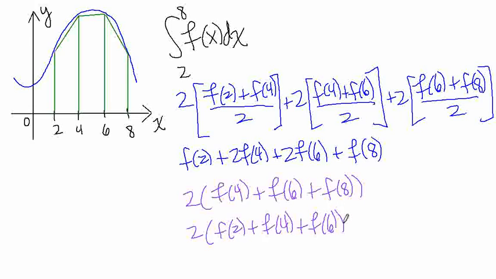Okay? Now, what would happen if we added the 2 purple expressions together and divided by 2? So you can work that out yourself, and you will see that you will get this expression.